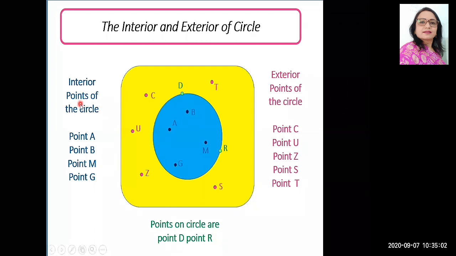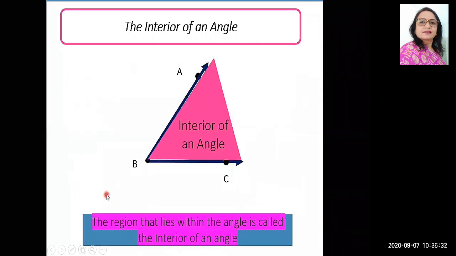So the interior points of the circle are point A, point G, point M and point B. The exterior points of the circle are point C, point U, point Z, point S and point T. And the points on the circle are point D and point R. The same way, we are going to learn the interior and exterior of an angle.